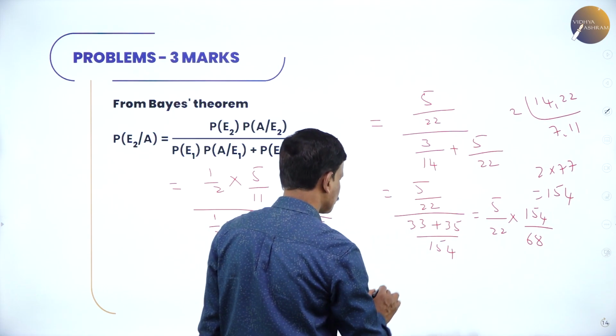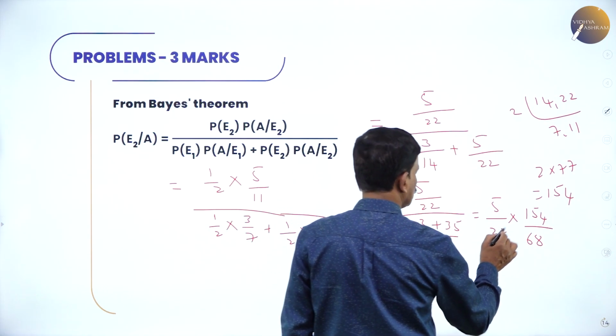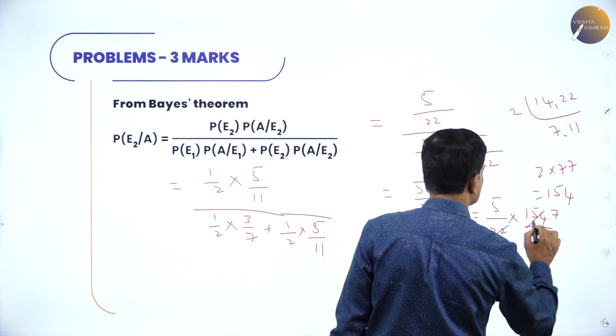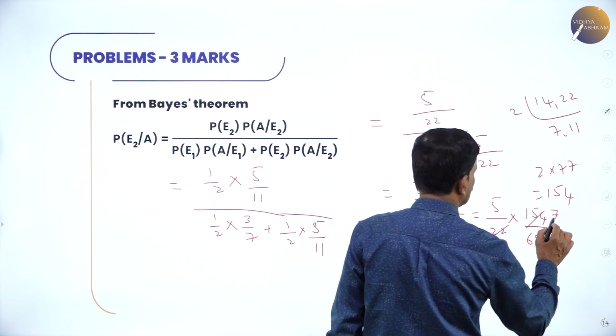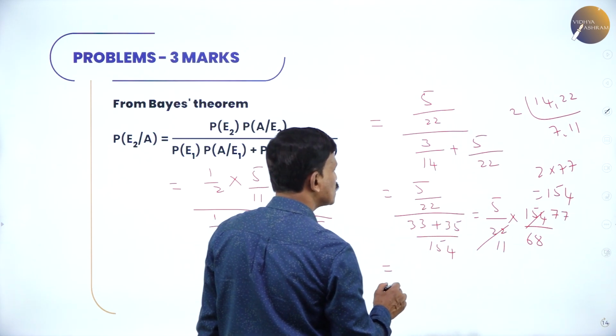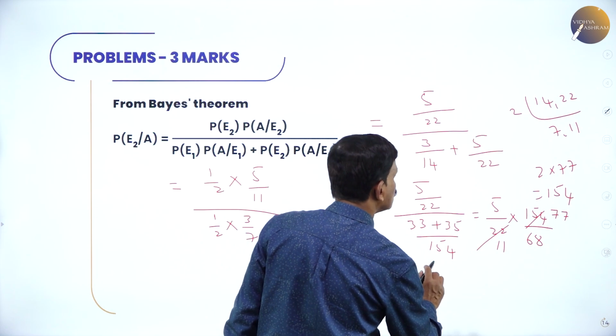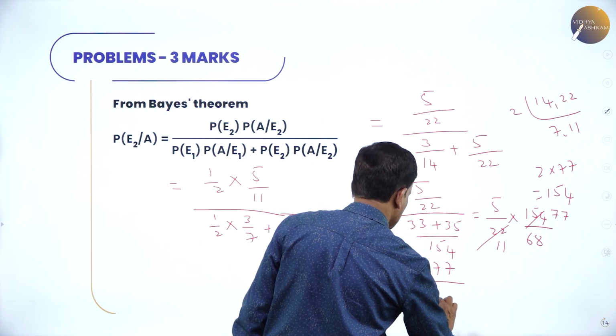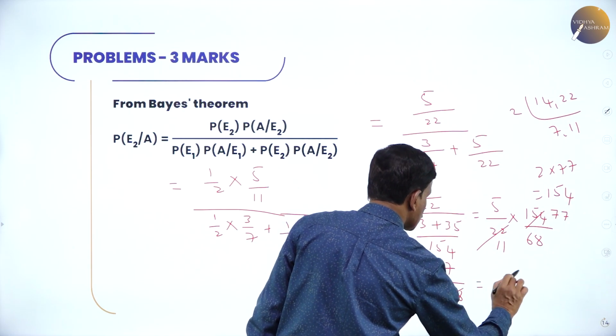Simplify this. 2 11s are 22, 2 7s are 14, again 2 7s are 14. So that is 5 into 77 divided by 11 into 68.